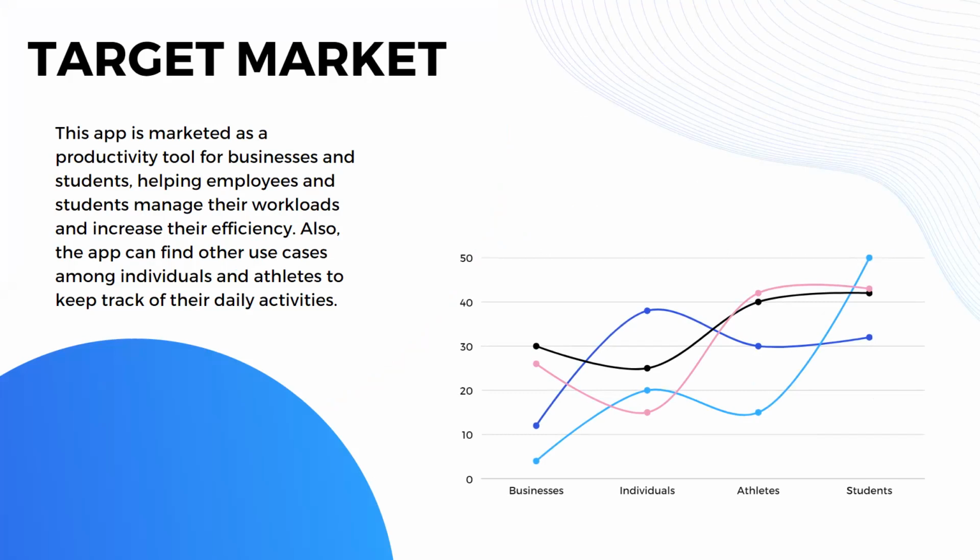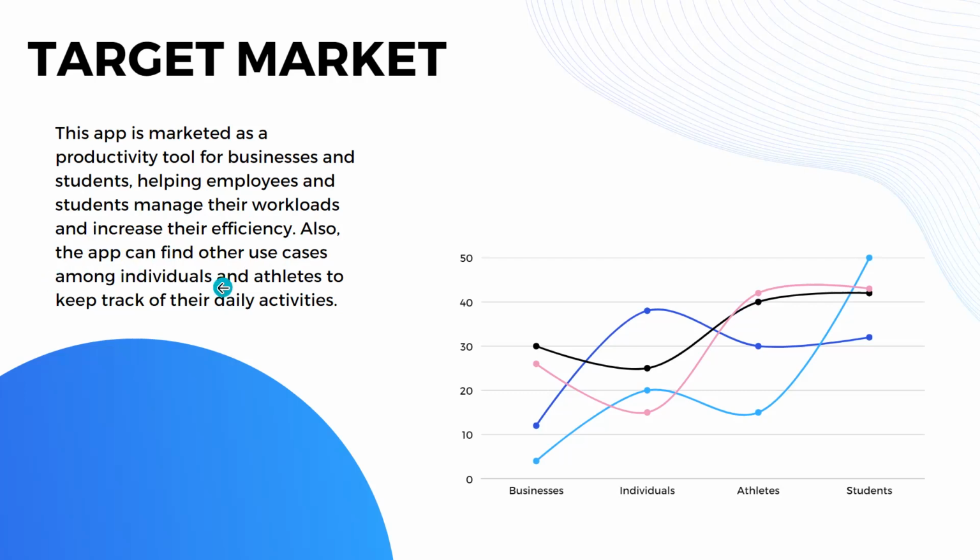So it's very important, as you set out to build your own solutions, that you see you're building your app for a subset of users. So over here, we are marketing it as a productivity tool for businesses and students, helping employees and students manage their workloads and increase their efficiency.